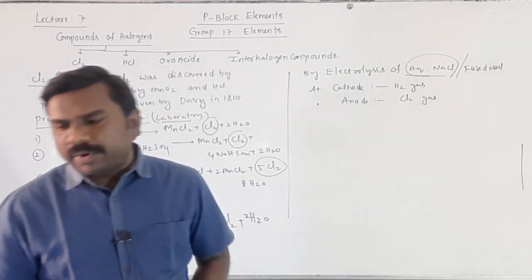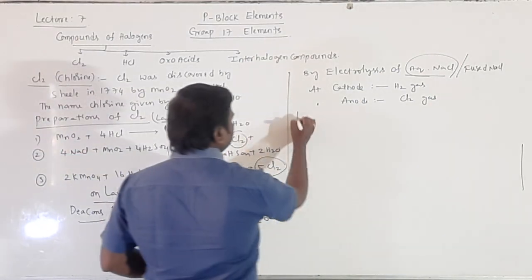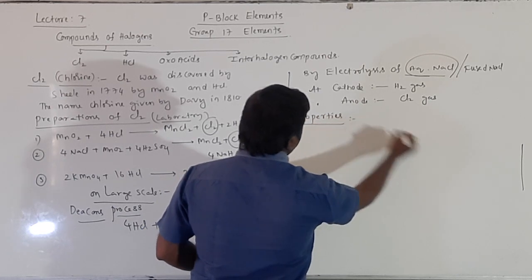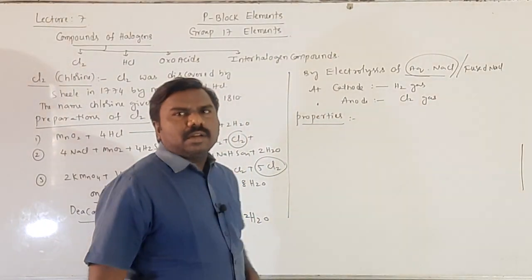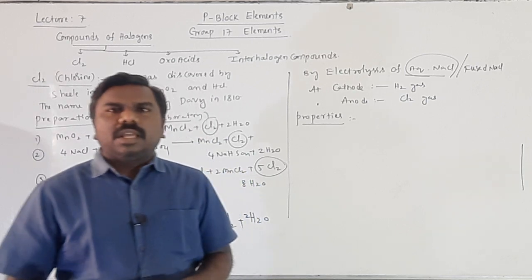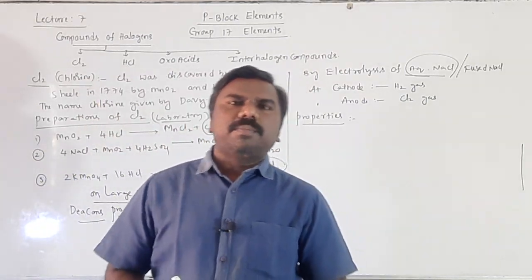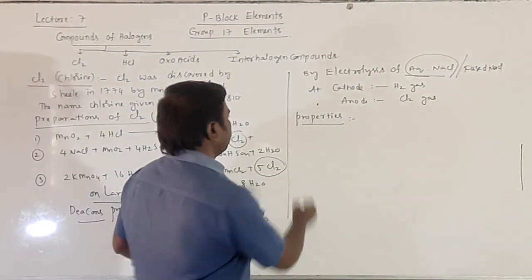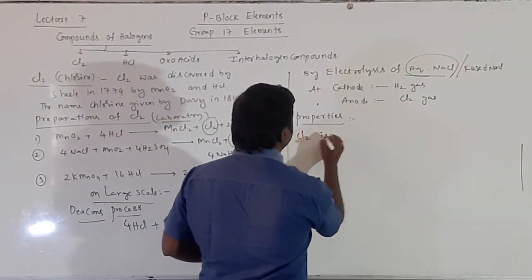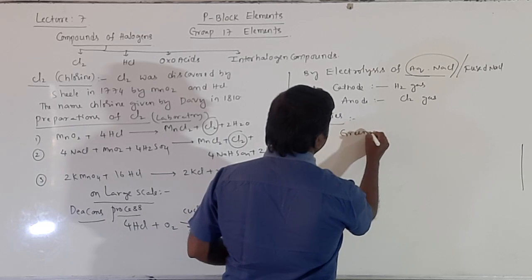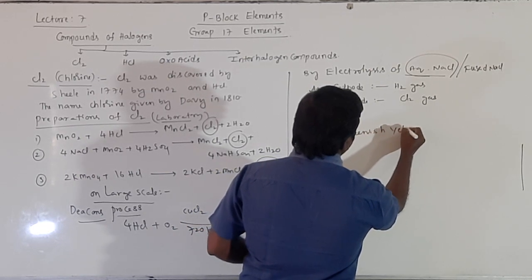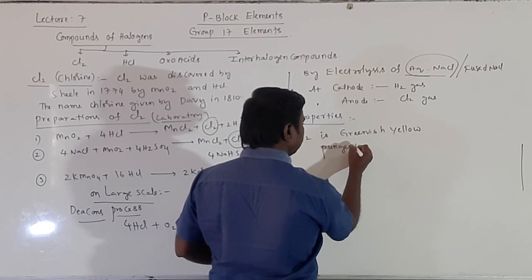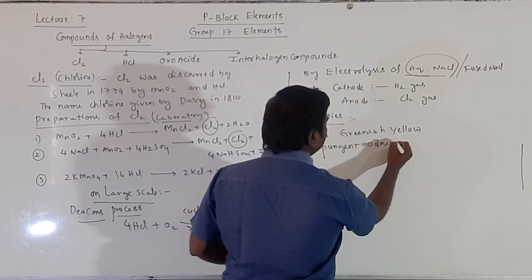Now properties of chlorine, especially physical properties. Chlorine is a greenish yellow colored, pungent odored gas.